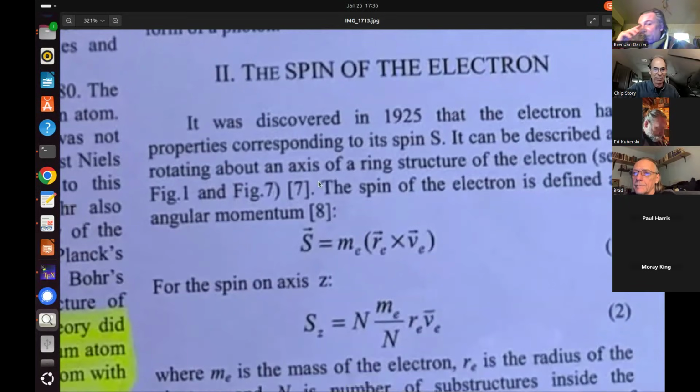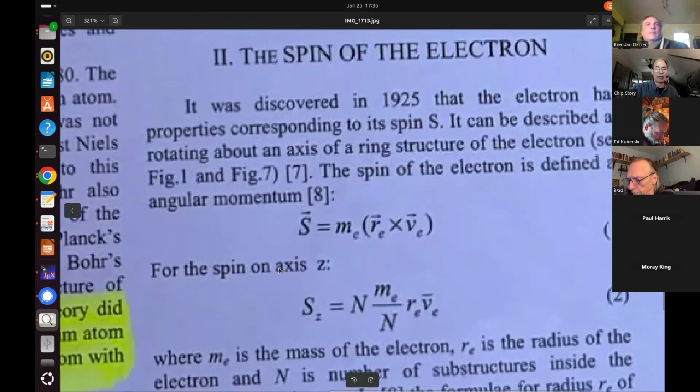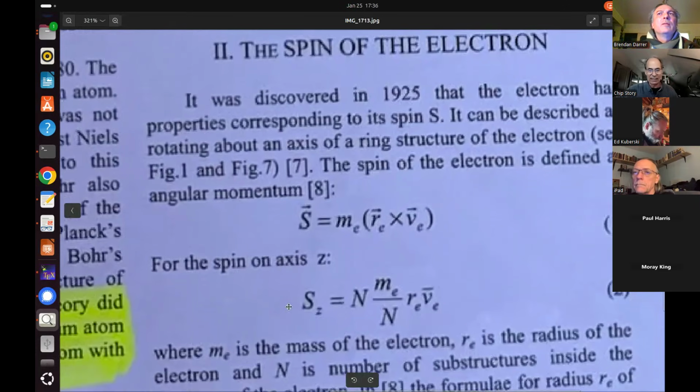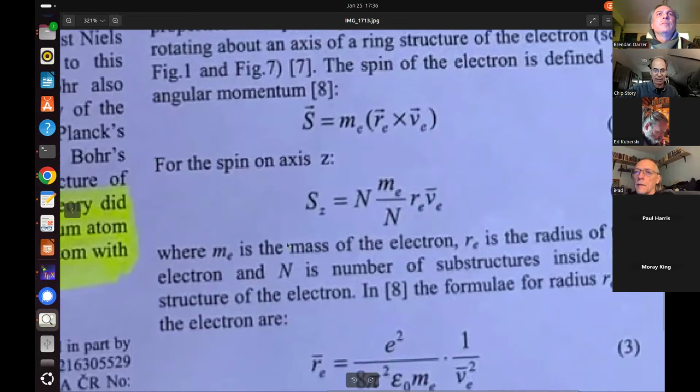They're kind of important. The spin of the electron. Part 2. It was discovered in 1925 that the electron has properties corresponding to its spin s. It can be described as rotating about an axis of a ring structure of the electron. The spin of the electron is defined as angular momentum. There's an equation there for angular momentum.